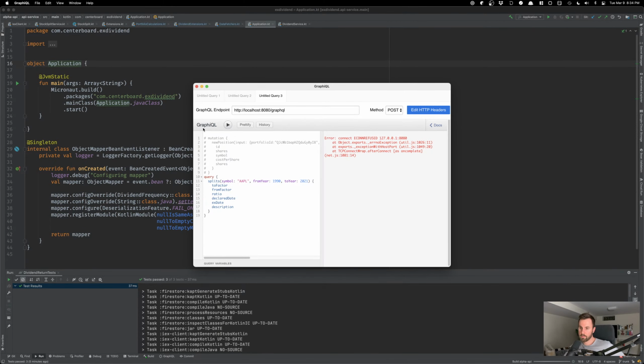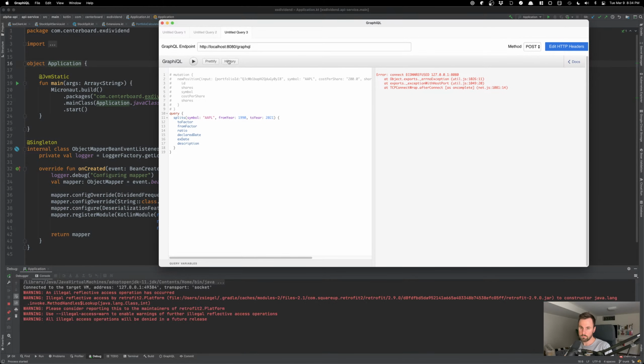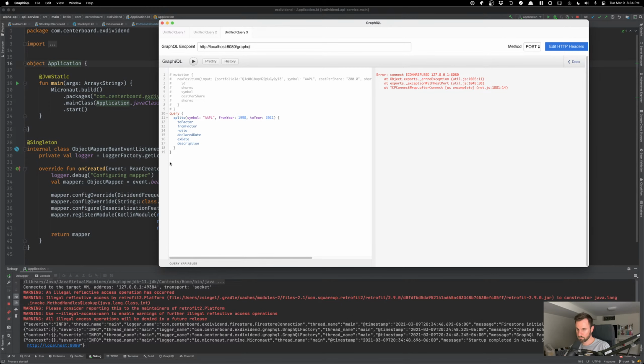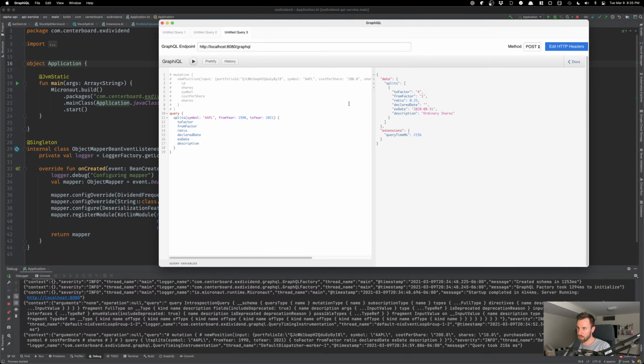Let's open up graphical and see what we get. Okay. So we are up. We can check if we're getting splits for Apple, which we are. We can say portfolios.